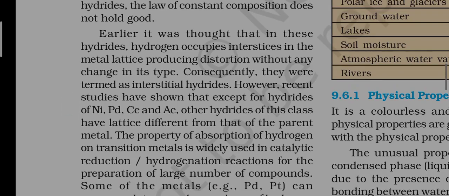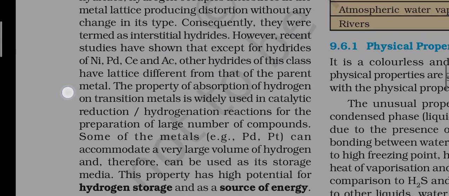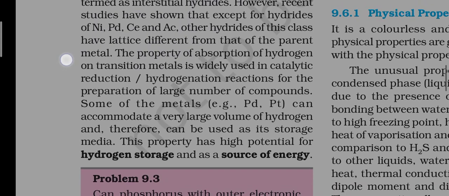Earlier, it was thought that in these hydrides, hydrogen occupies interstices in the metal lattice, producing distortion without any change in its type. Consequently, they were termed as interstitial hydrides. However, recent studies have shown that except for hydrides of nickel, palladium, cerium and actinium, other hydrides of this class have lattice different from that of the parent metal.